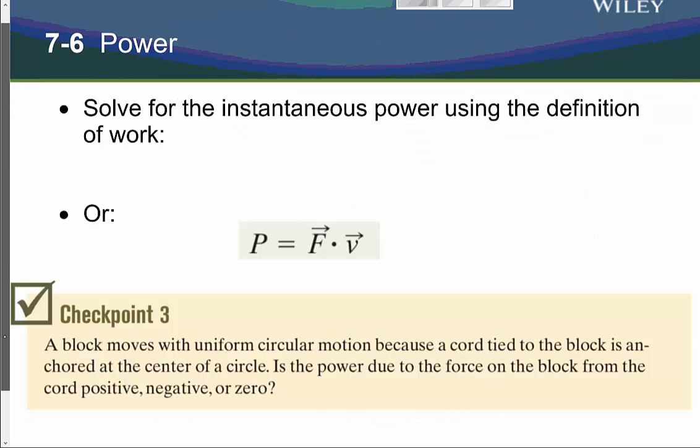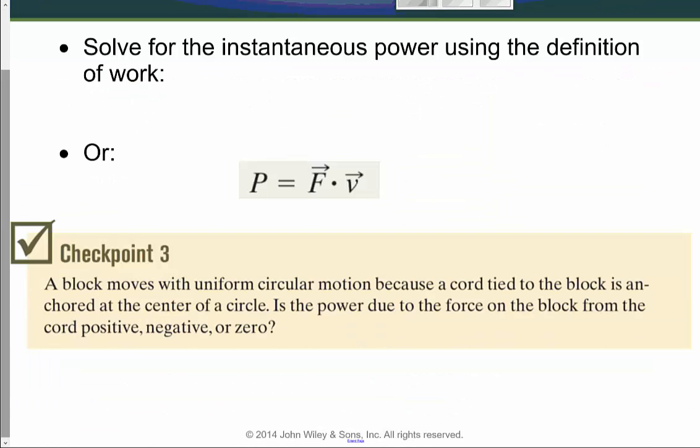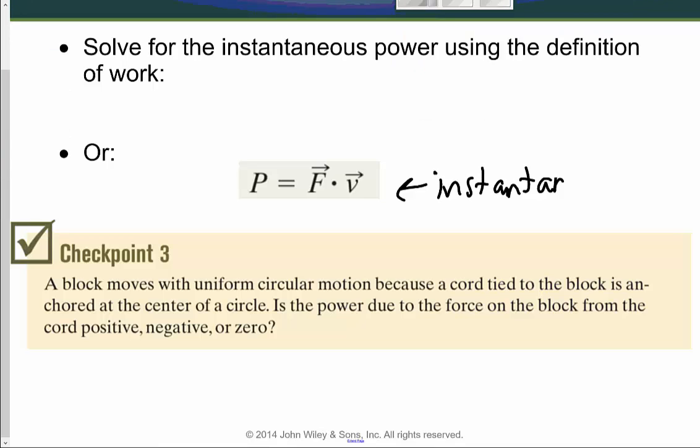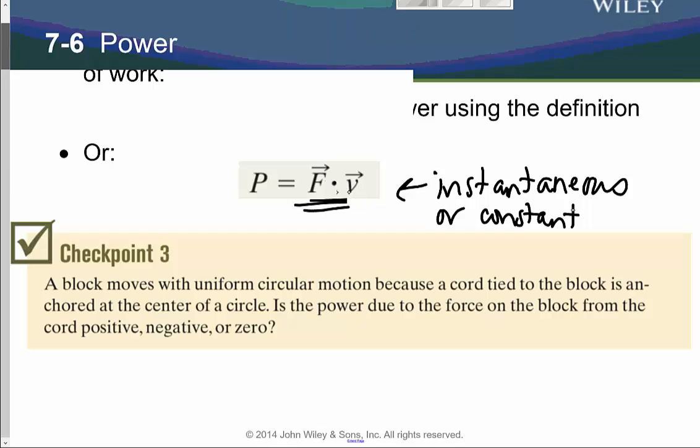We also have a formula for power, and this was really good for instantaneous power or for constant speed. It is the dot product of force and velocity, which means they do have to be in the same direction, remember, because it's the dot product.